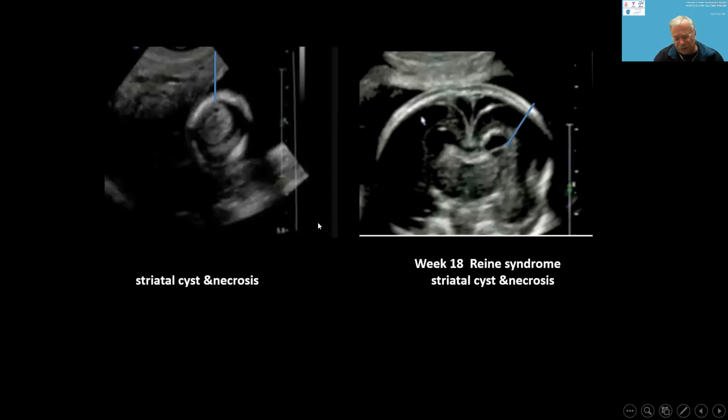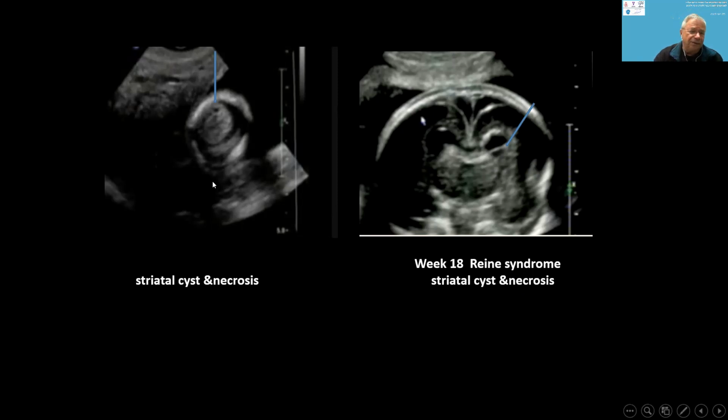Actually, I have 9 cases of what I called striatal cysts, but the proper name is GE cysts. All of them had a bad prognosis; all were associated with other severe brain syndromes, like in this case, Rain syndrome, week 18, striatal cyst and necrosis.